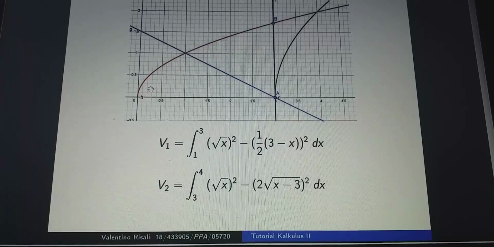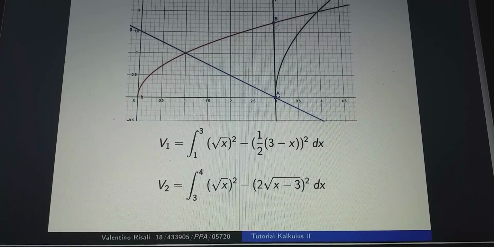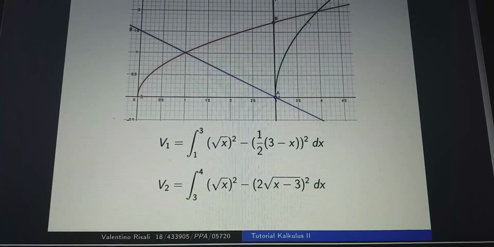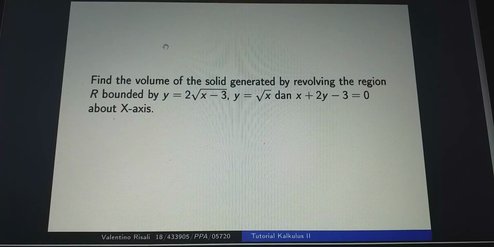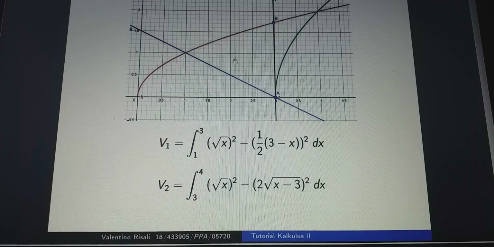For the sketch of the graph, this is y equals square root of x. This is 2 times square root of x minus 3, and this is the line x plus 2y minus 3 equals 0. And we will revolve it about the x-axis.